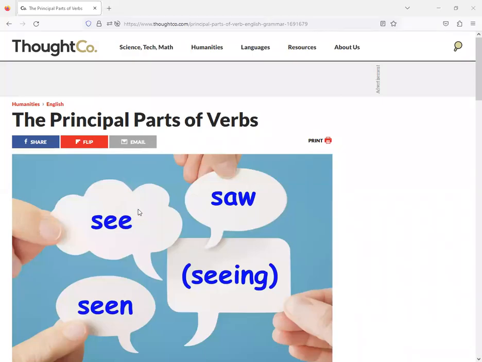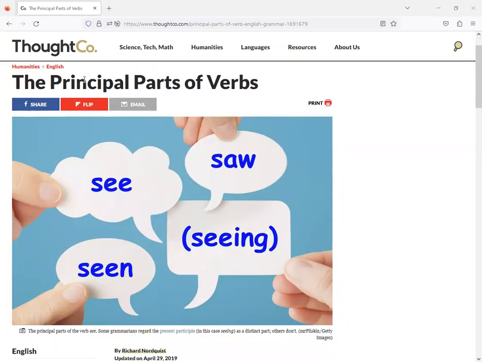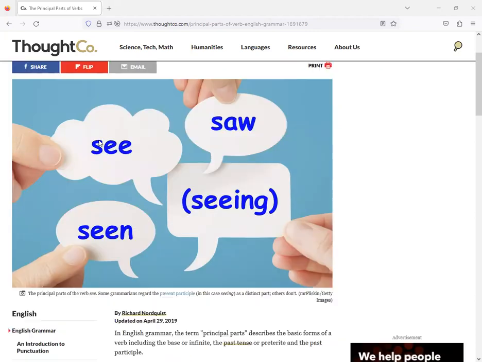So we're going to start by describing the principal parts of verbs. Look at this verb here. Where is the main verb? See is the main verb.